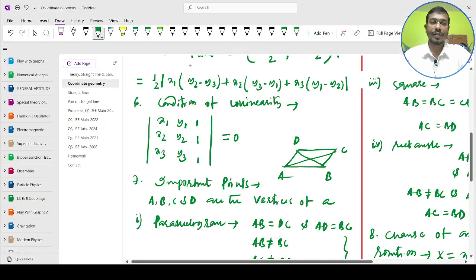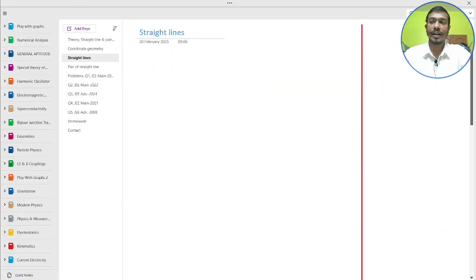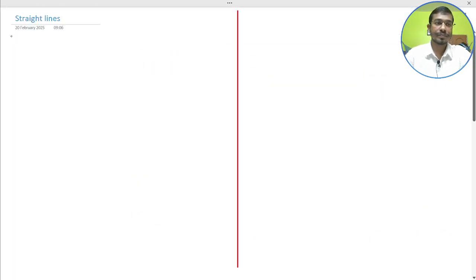Let's go to our second topic, the straight line. First of all, the slope of a line.